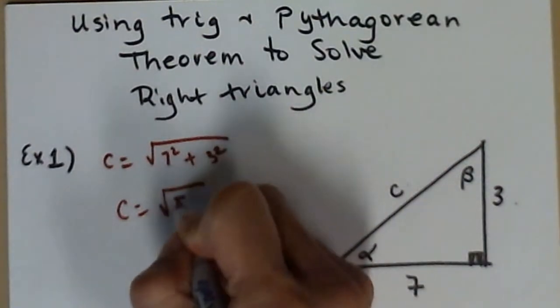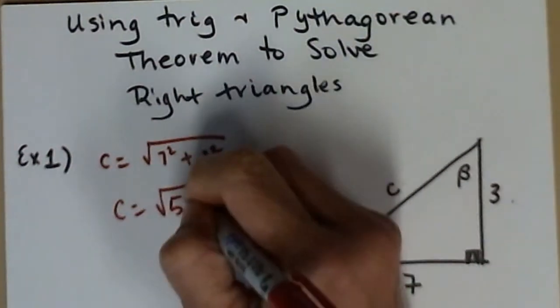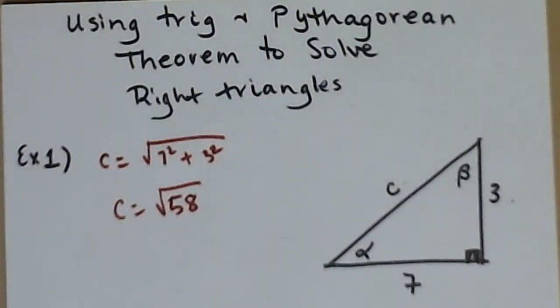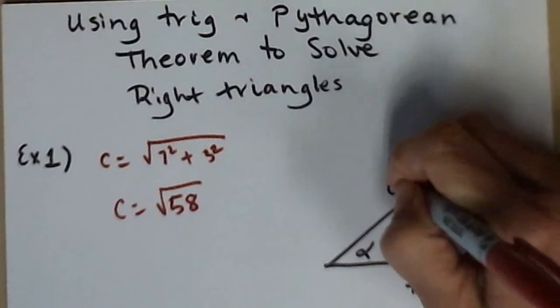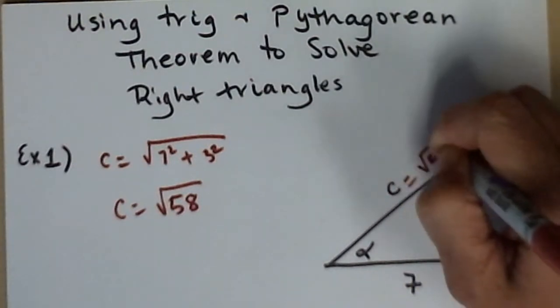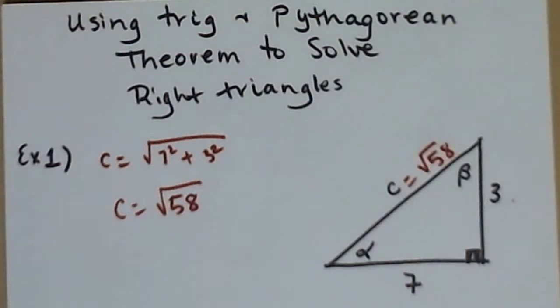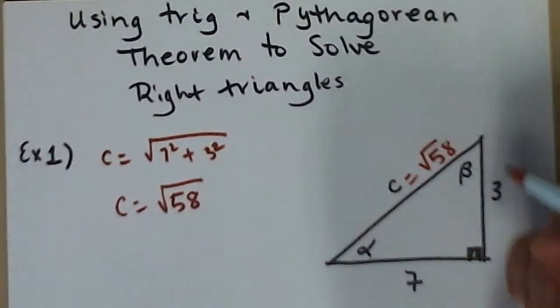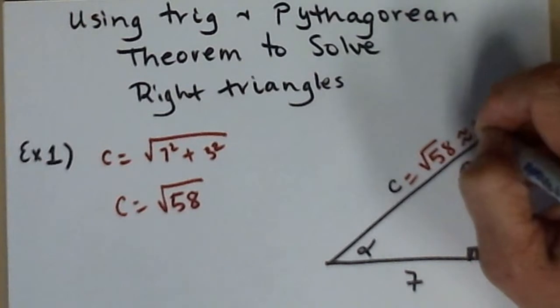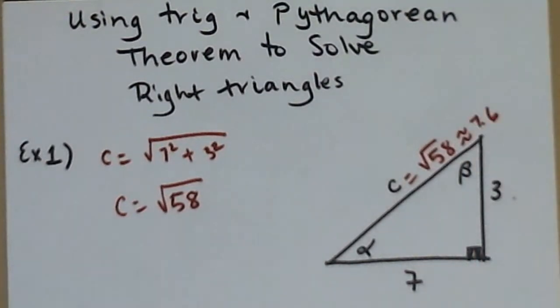I'm going to use my calculator because it's that kind of day. So C is the square root of 58. And if we want a decimal approximation, oh, that rounds nicely to 7.6.